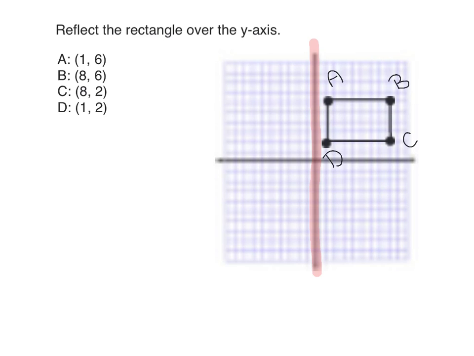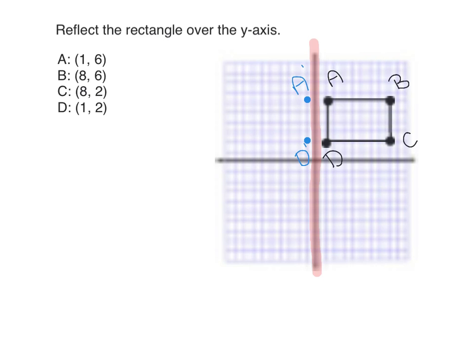So if you'll notice, point A and point D are both 1 unit away from my line of reflection. So point A and point D are going to maintain that distance when I do my reflection. So this is going to be A prime. This point will be D prime.